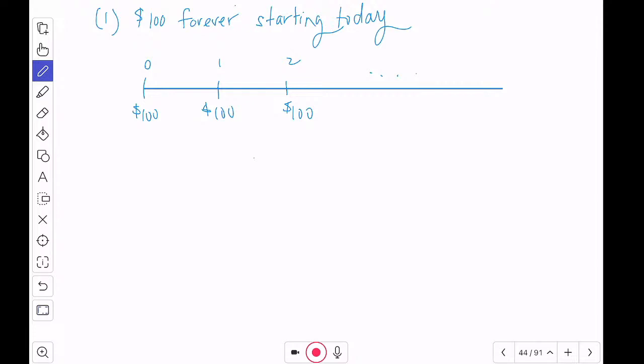Well, the thing is that if I remove this amount, I know the rest of it, right? I know the answer of the rest.